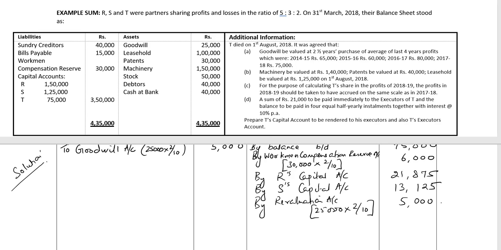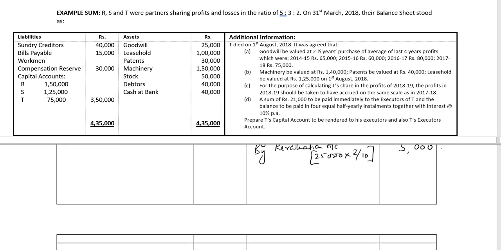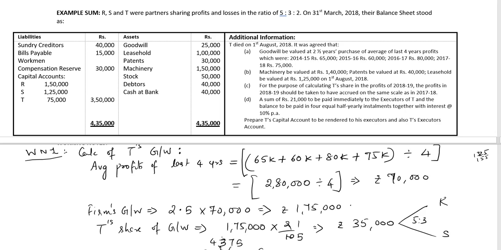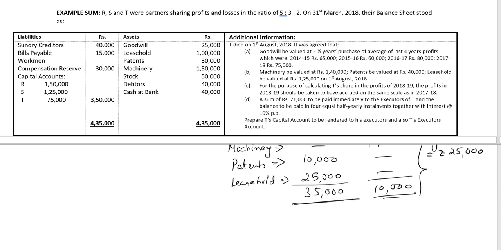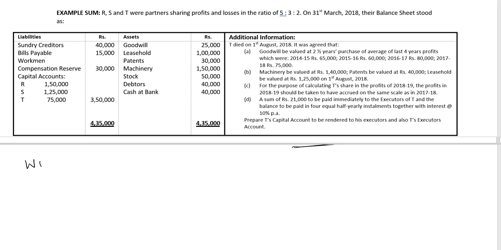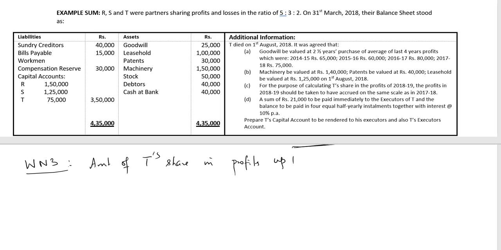Next, let's go to point C. We need to calculate T's share in profits. Working note 3, amount of T's share in profits up to date of death. As per point C, the profits in 2018-19 should be taken to have accrued on the same scale as in 2017-18.